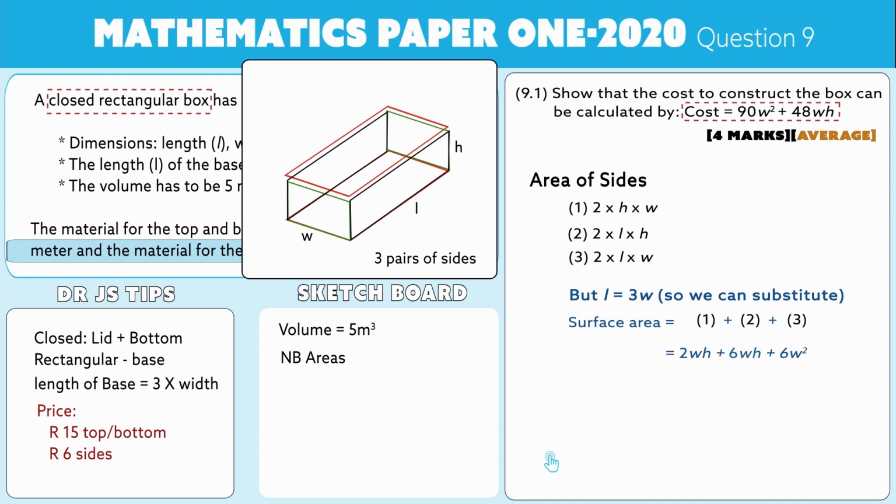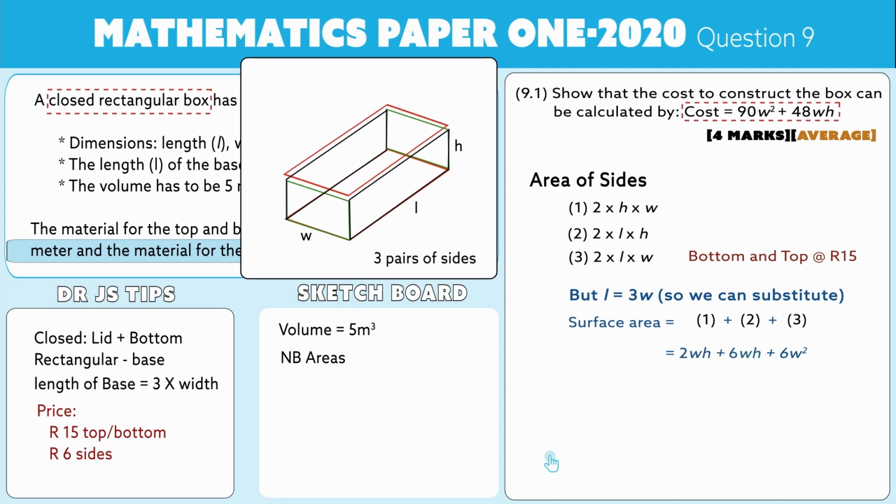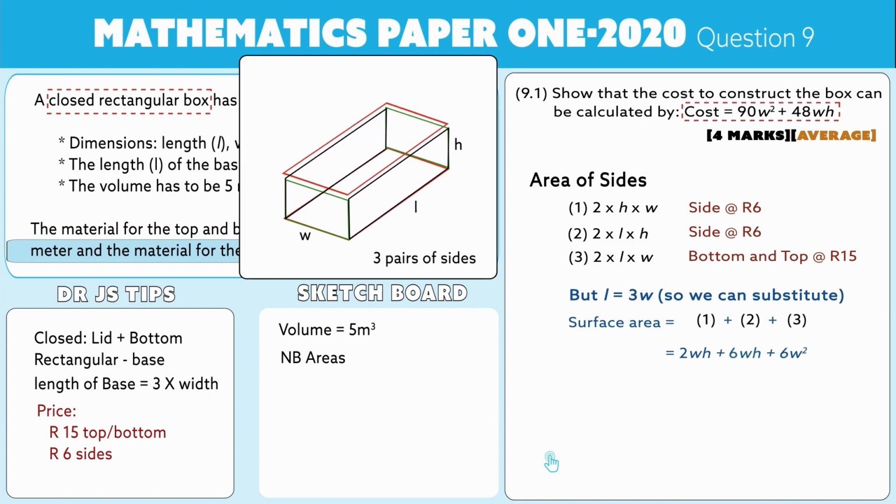Now we need to see which ones were the walls and which were the bottom and the top. The W and L was the top and bottom, the lid, and let's put there B and L for bottom and lid. The first 2 up here dealt with the sides, because it's the H and the W, the height and the width, and the height and the length, that are dealing with the sides.